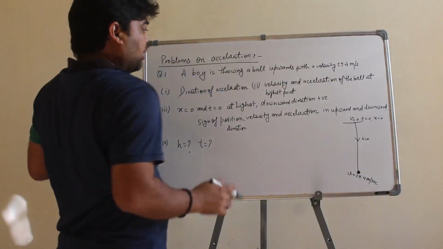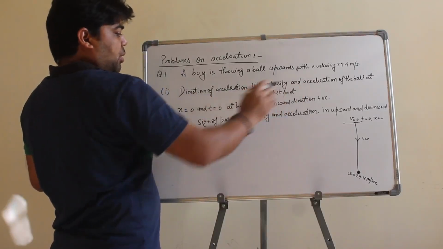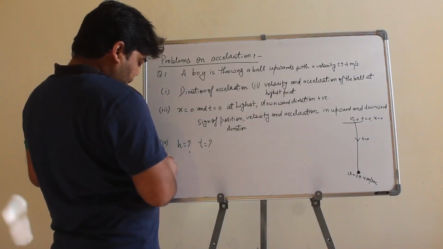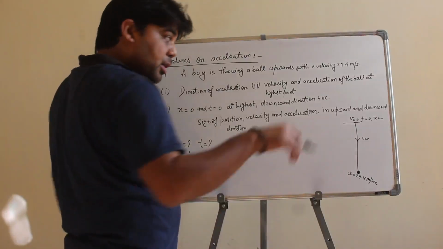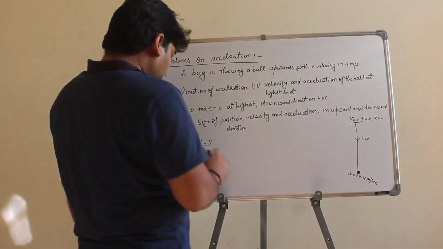First, what is the direction of acceleration? In the downward direction. Remember, the acceleration of gravity always works in the downward direction.